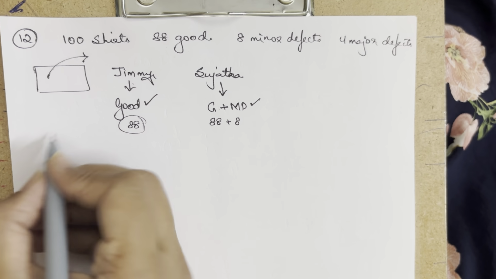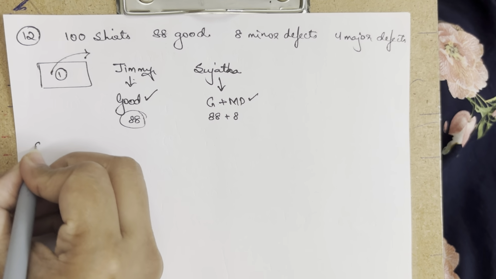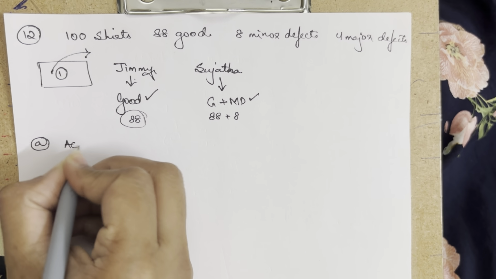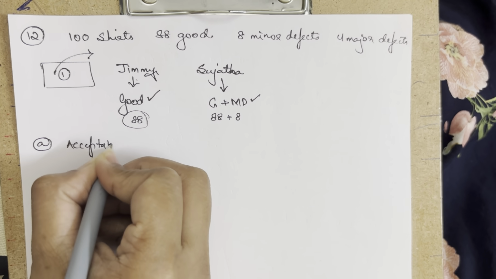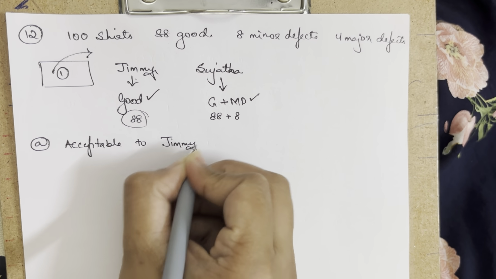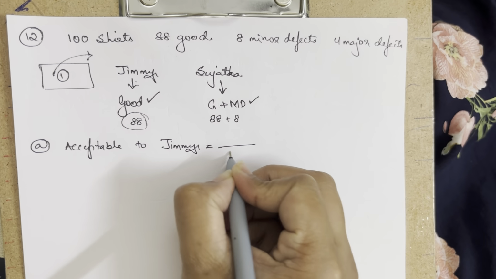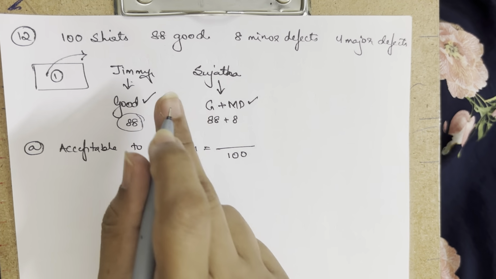Now one shirt is drawn out at random. What is the probability that it is acceptable to Jimmy? Jimmy takes only good ones. Total shirts are 100, out of which 88 are good.